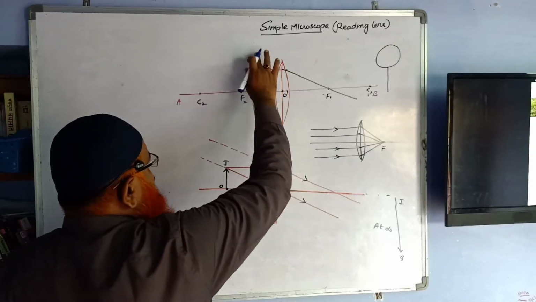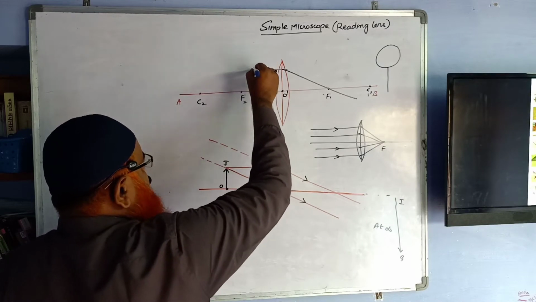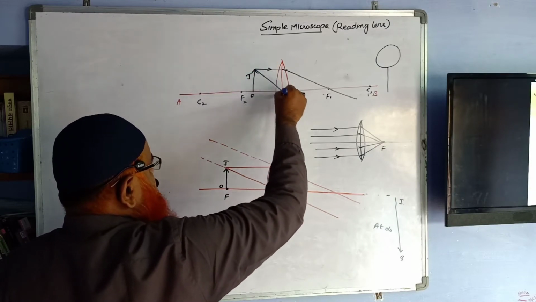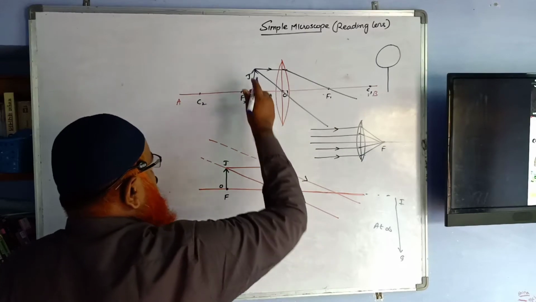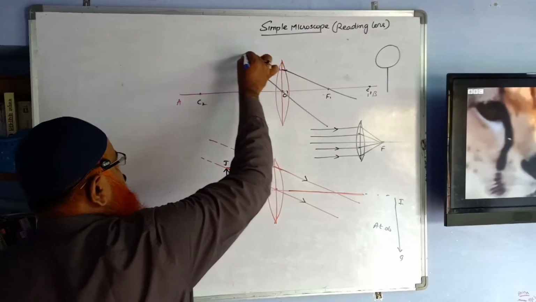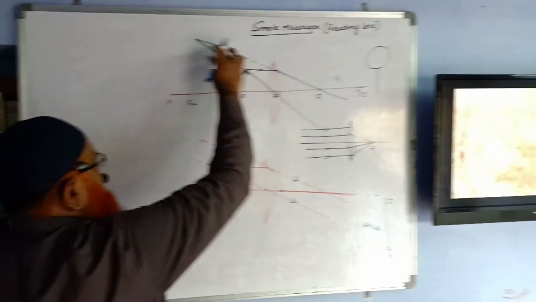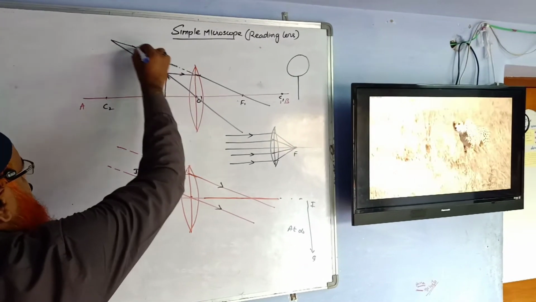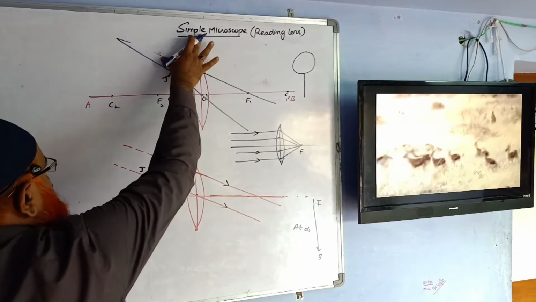And another light ray is going to pass through the optic center. Next, if you extend these two light rays, they are going to meet somewhere over here.